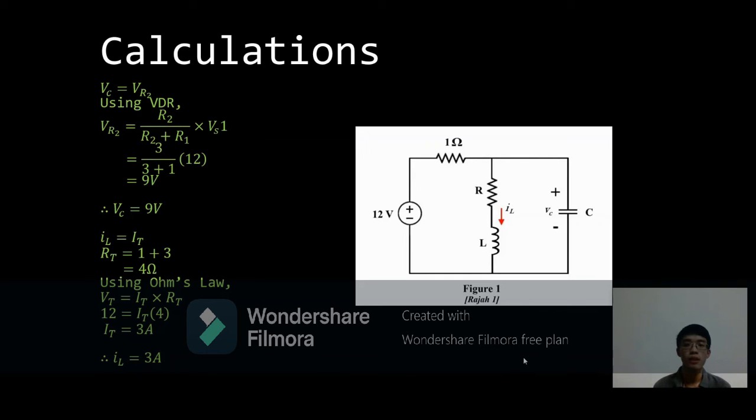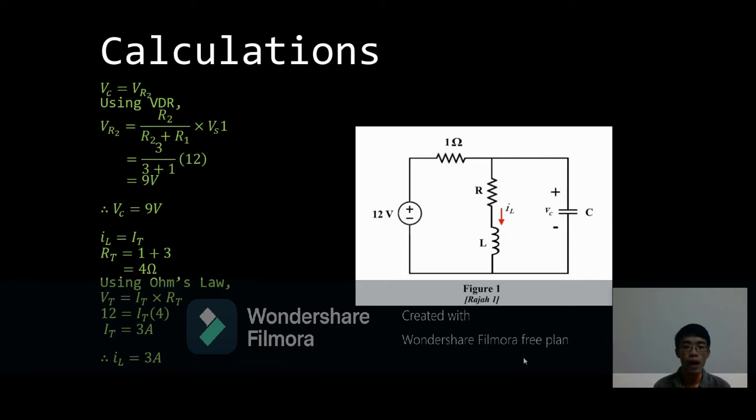So having said that, VC, which is the voltage across capacitor, will be equivalent to VR, the voltage across resistor 2. Therefore, we can just apply voltage divider rule to calculate VC. And given my matrix number, the resistance for R2 is 3 ohm, and therefore I'll get VC is 9 volts.